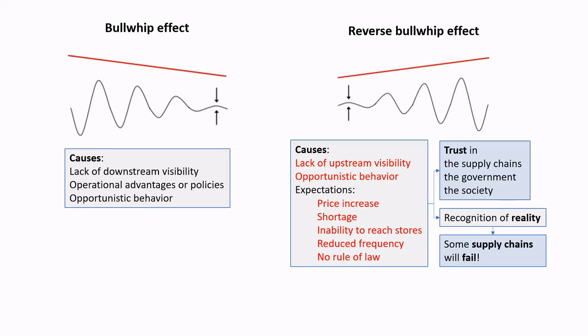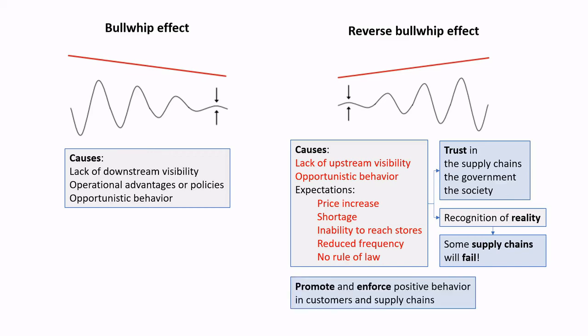So from a preventive side, I would say that in order to tackle the reverse bullwhip effect, you need to work around trust and in ways to avoid the failure of supply chains. But from a reactive way, I would say that you only need to work on the promotion and enforcing of positive behavior in customer supply chains.